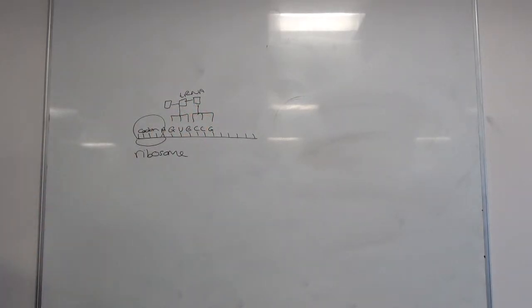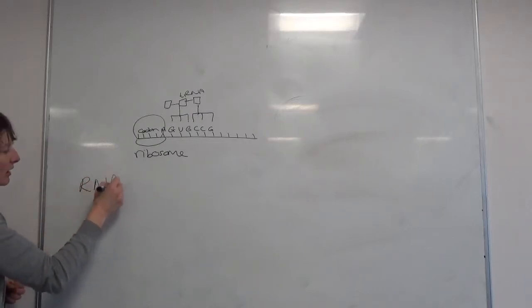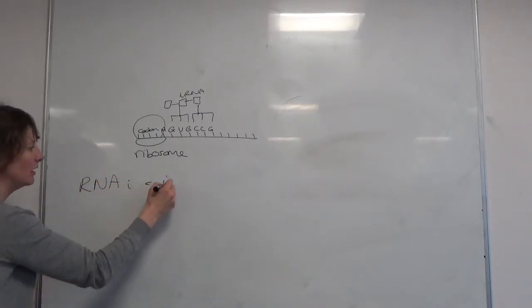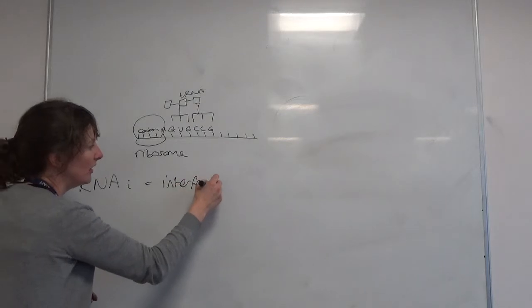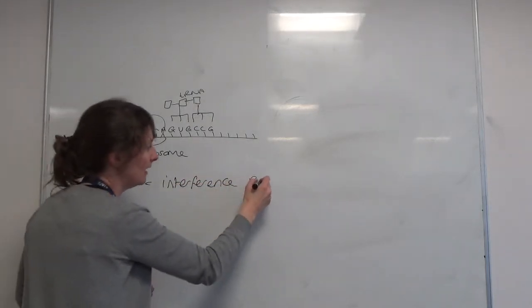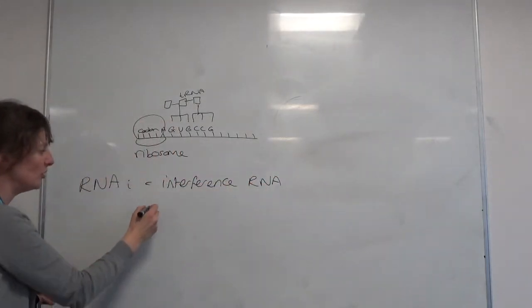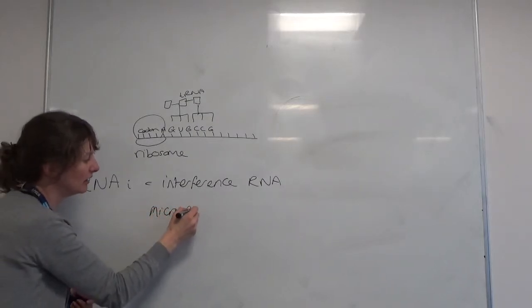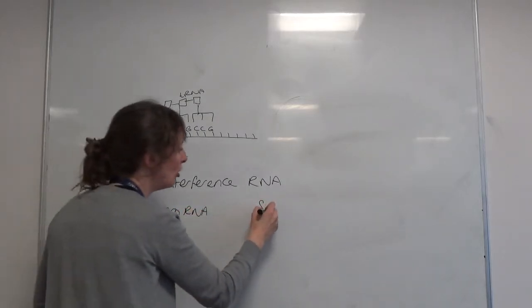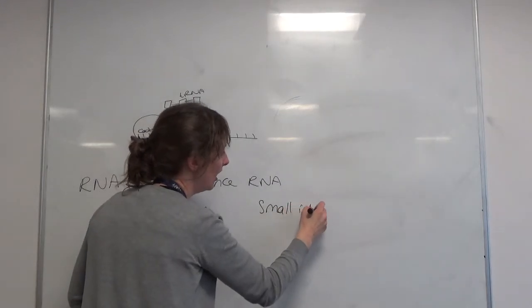Now, in the case of interference RNA, there are two types, and you need to know the names of those, which is microRNA and small interfering RNA.